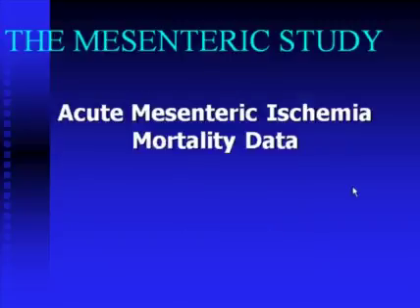But I first want to mention and differentiate acute from chronic mesenteric ischemia, and in regards to acute mesenteric ischemia, point out mortality data. If you look at the literature over the past 35 to 40 years, the mortality is about 70% from this particular problem, a very high mortality rate.